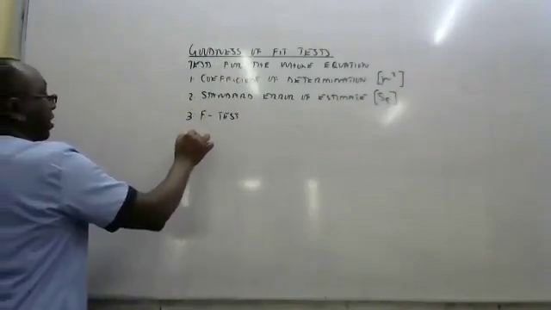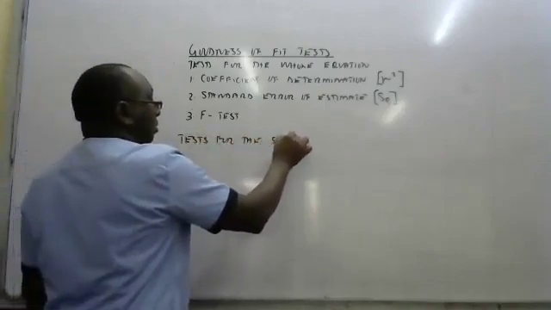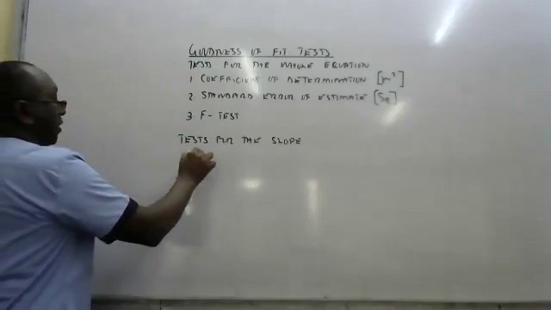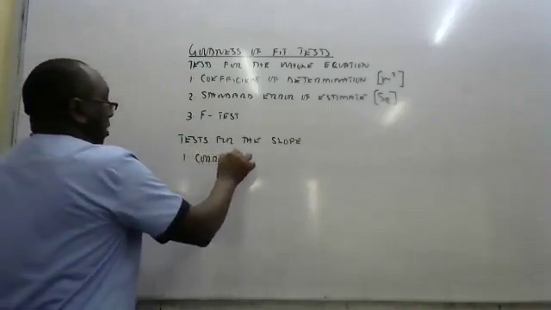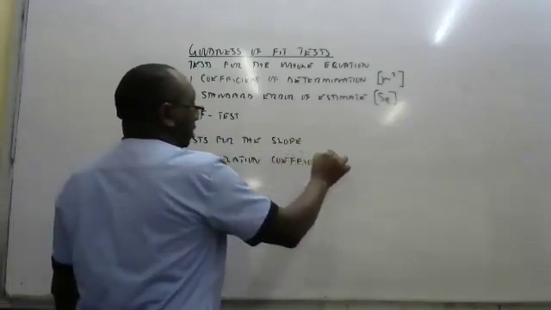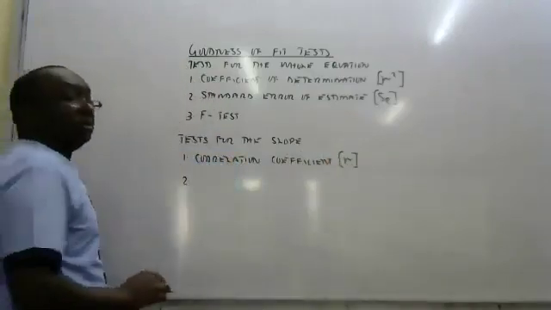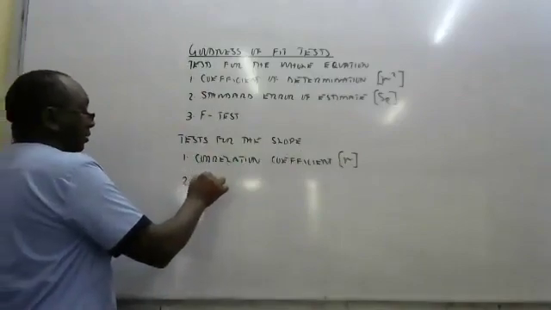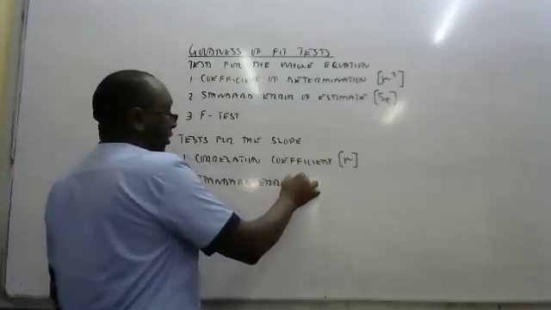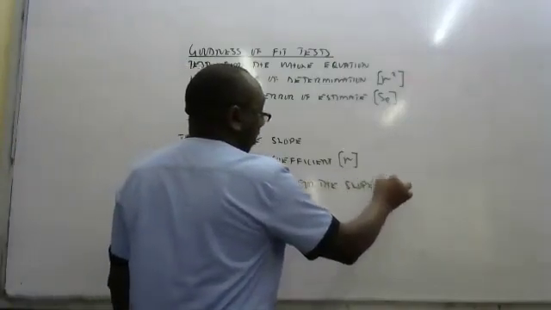Then the second category, wanaitwa tests for the slope. In the test for the slope, we have number one, correlation coefficient, that is in brackets R. Number two, we have standard error for the slope, SB.